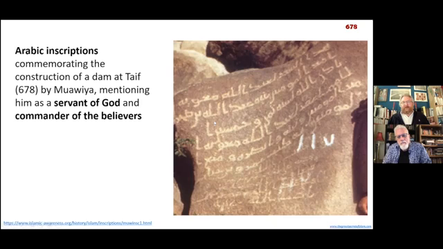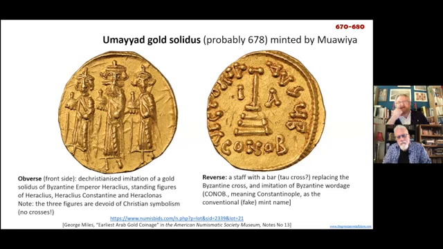And we see also that Muawiyah, with this coin in particular, tries, at the end of his reign, to take his independence from the Byzantine Empire. This coin is very interesting. It had been minted by Muawiyah himself, by Muawiyah's administration, probably around 678.